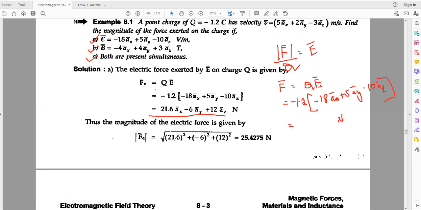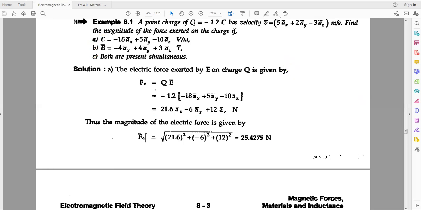So take the ax bar coefficient 21.6 squared, the ay bar coefficient minus 6 squared, plus the az bar coefficient 12 squared. You'll get the magnitude of the electric force exerted by E bar: F bar is equal to 25.42 newtons.